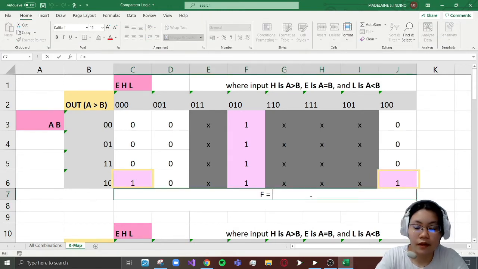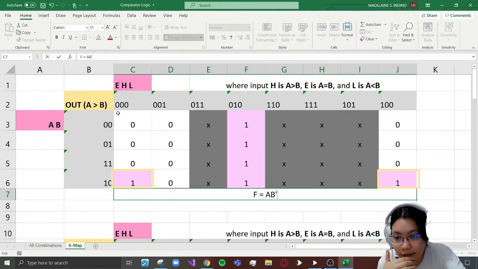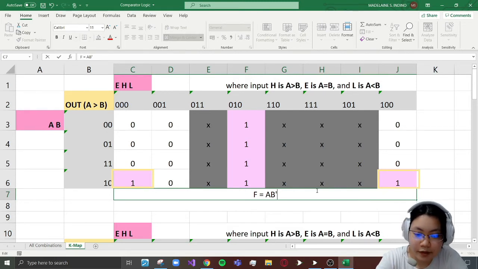Okay? For this group, A and B are both constants. A is constant and B is also constant. However, it is in its complement form because B is 0. How about for the vertical comparison? We can see that the equal input changes, so that is cancelled, while the high and the low signals stay in their complement form, H and L, because they are both 0 here.